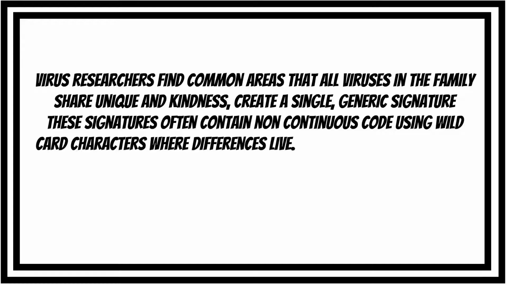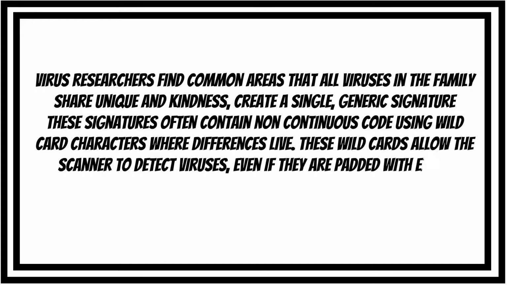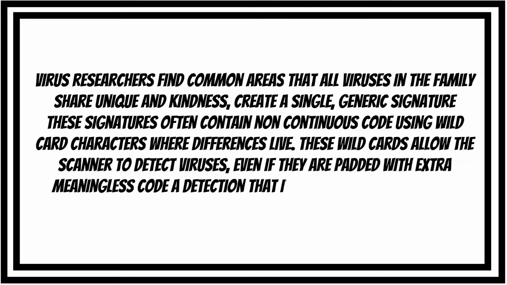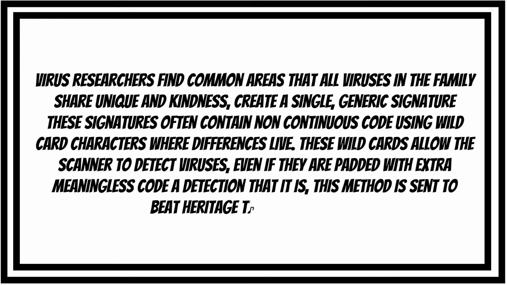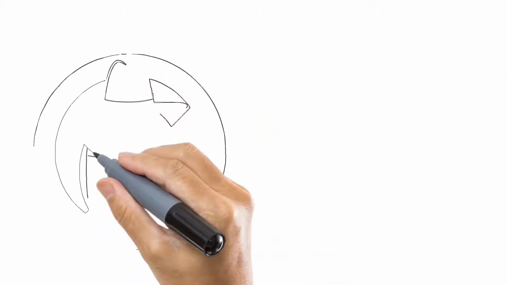These signatures often contain non-contiguous code using wildcard characters where differences lie. These wildcards allow the scanner to detect viruses even if they are padded with extra, meaningless code. A detection that uses this method is said to be heuristic detection.